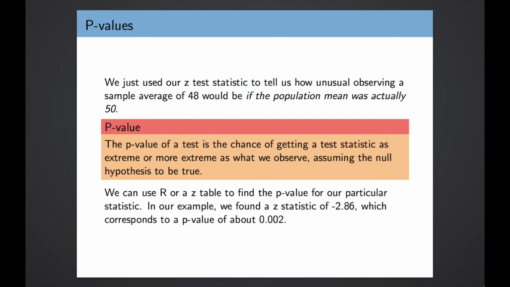So we can use R or a z-table, like we used in a previous example looking at normal distributions in another lecture. We can use either of those to find the p-value for our particular statistic. So if you look in a z-table for the value negative 2.86, you'll find that that corresponds to a probability, a p-value, of about 0.002. You can also do this in R.